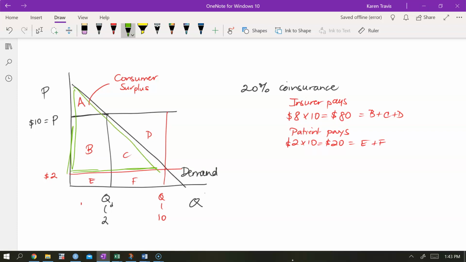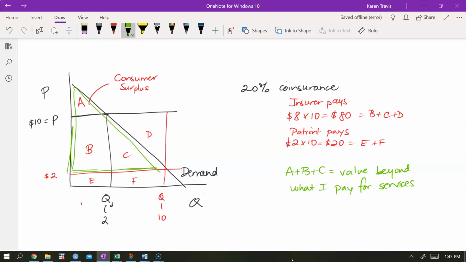So to me, those visits have a worth of surplus of A plus B plus C. Value beyond what I pay for the services. So that's my consumer surplus coming from the fact that my insurance company is paying for those visits.